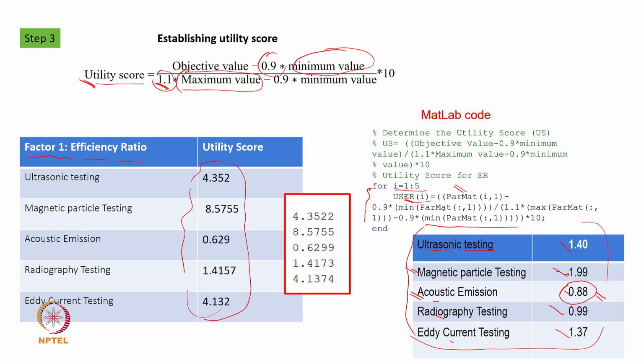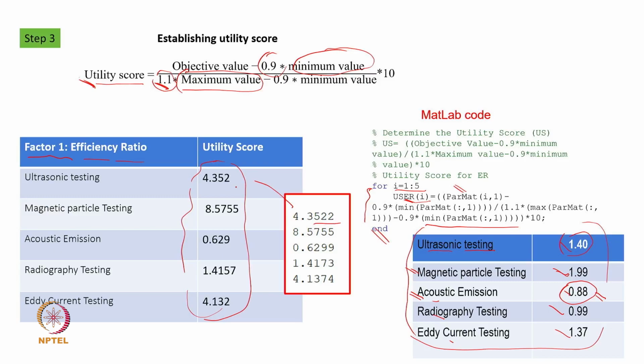Naturally, for the first case it will pick up 1.4, then 1.9, 1.88, and the overall score comes out when you go ahead with the MATLAB coding. The utility score for ultrasonic testing is something like 4.35.